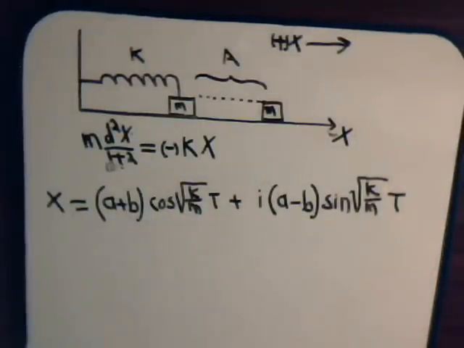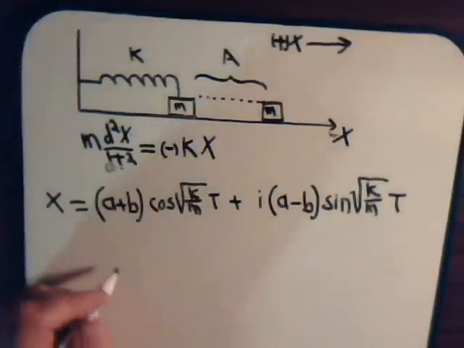This is a complex function the way it is right now. Well, the a's and b's are arbitrary constants, so let's choose them.